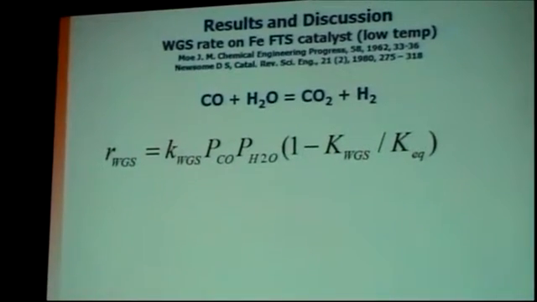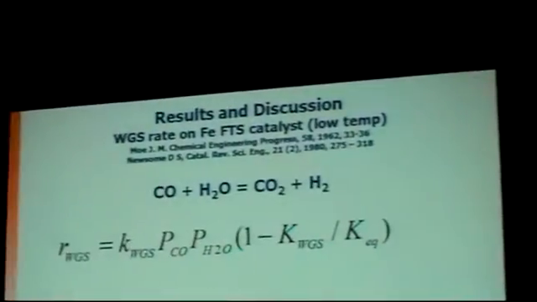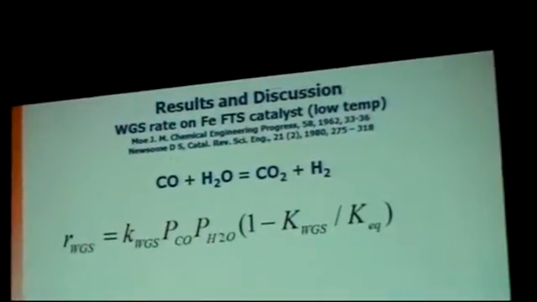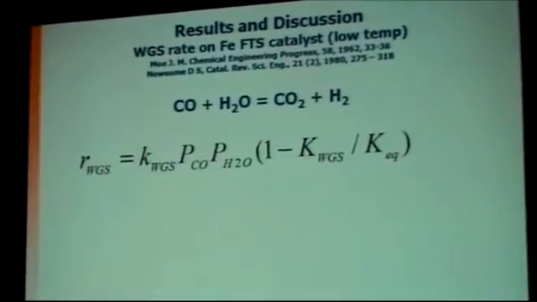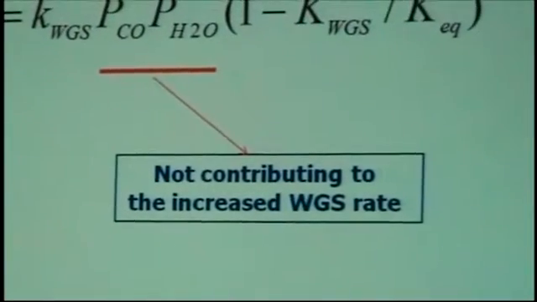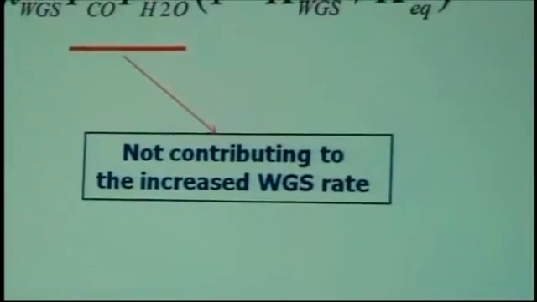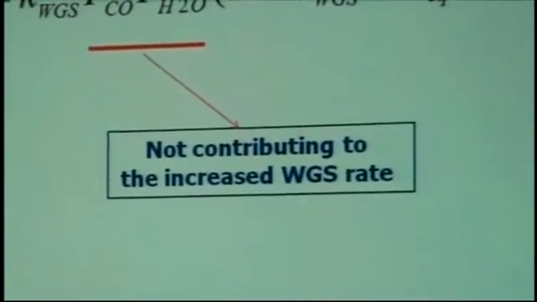As we know, when CO conversion increases, the decrease in CO partial pressure is much more than the increase in water partial pressure, because the water gas shift reaction consumes a part of the water produced by Fischer-Tropsch. So the pressure term indicated by the red line does not contribute to the increased water gas shift reaction rate. So the only possibility to increase the water gas shift reaction rate is the rate constant.